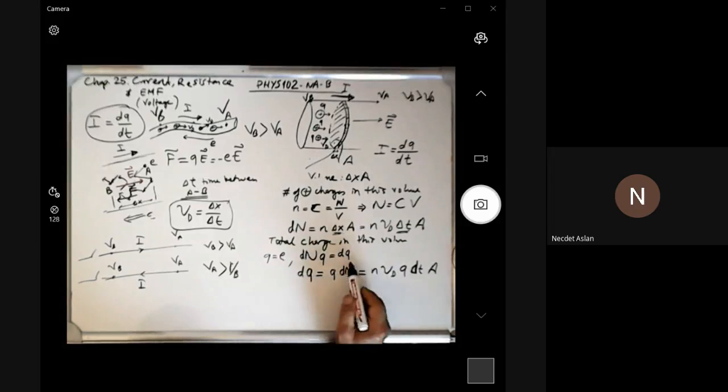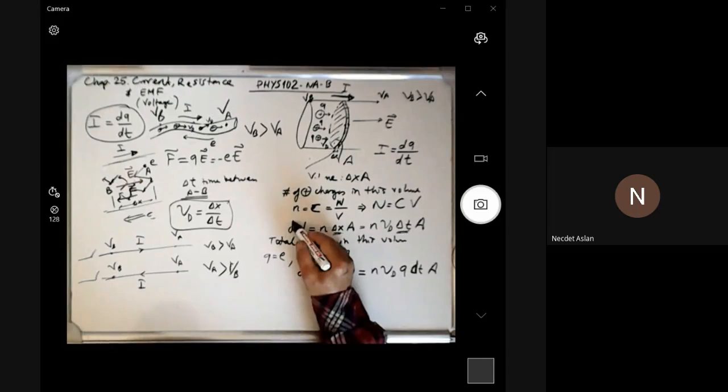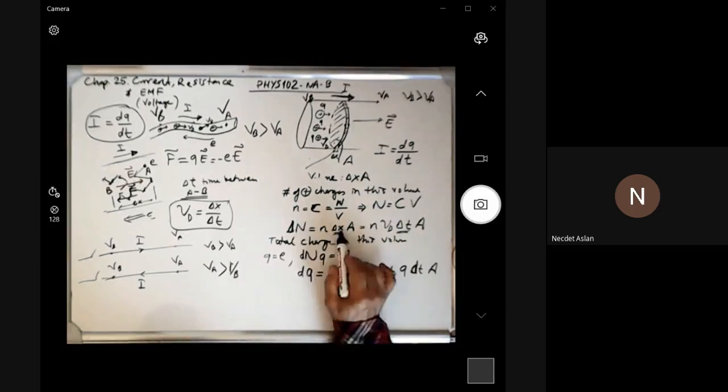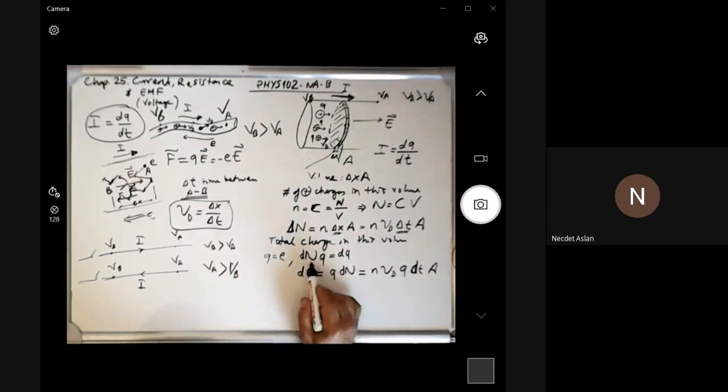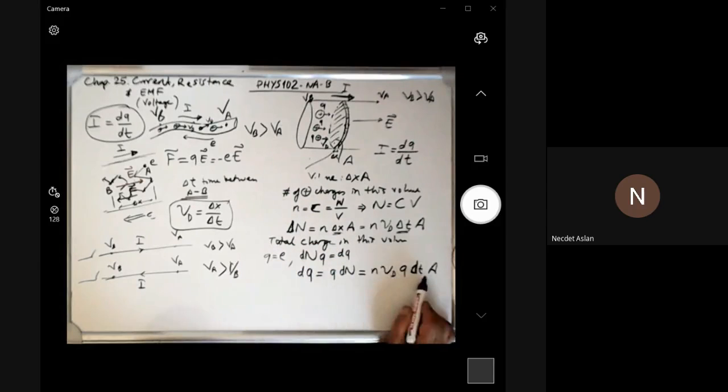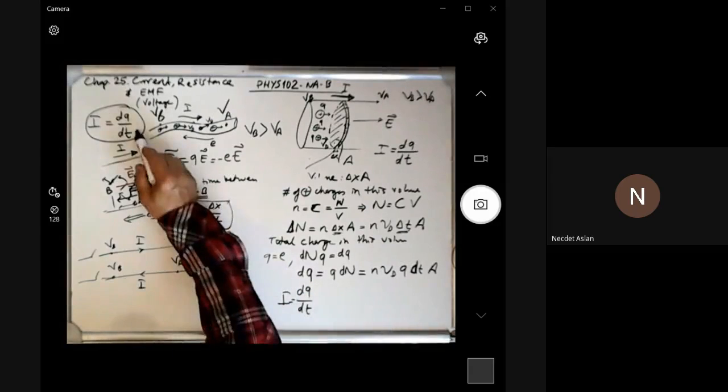Or if we write delta t, we have to write delta n there. So delta t, delta x, delta n, or dn, dq. If you look at the left hand side, it's dq, just a little bit of charge, and just a little bit of time. So if we divide this by that, dq over dt, which is just the current, remember that this is the definition of the current.